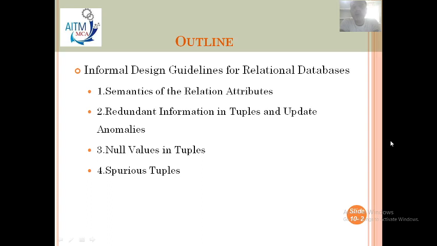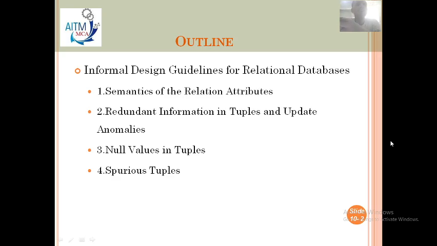That we are going to see today, and particular things like semantics of the relational attributes. There is one guideline for that also we're going to discuss. First, we're going to discuss what exactly semantics of the relation attributes is, then we'll give the guidelines for that. Second, redundant information in tuples.